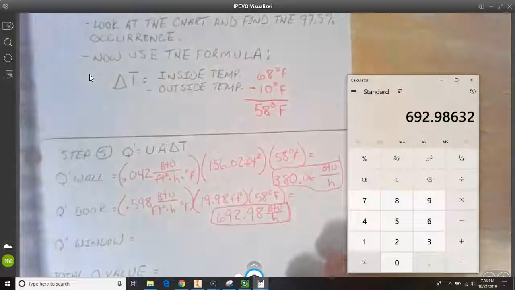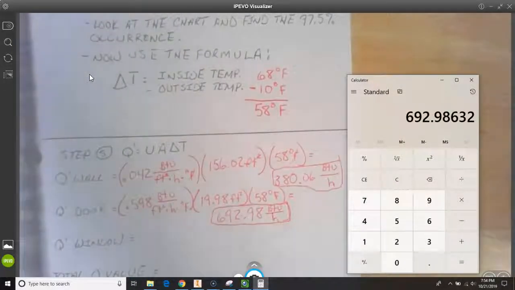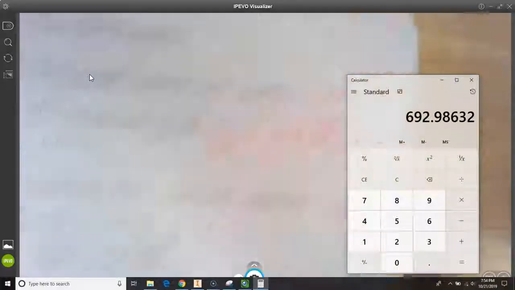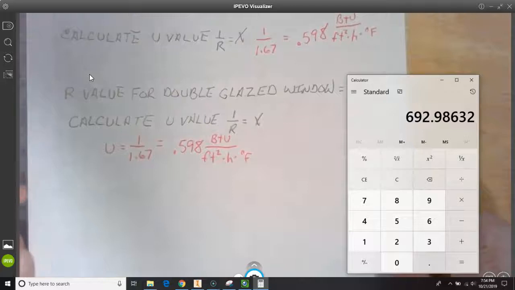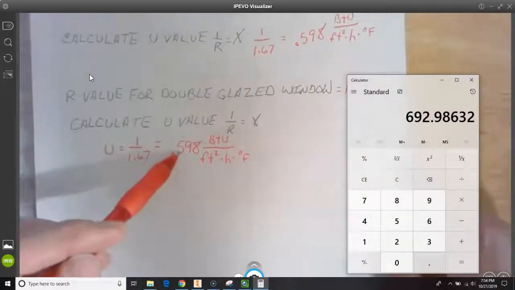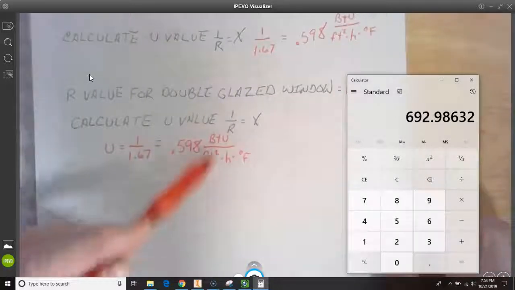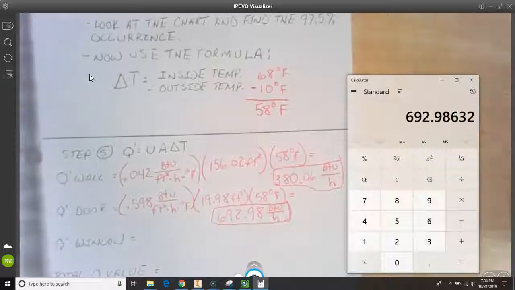Q for the window. All right. So Q for the window is right here. And our U value for the window, I should say, is 0.598. Again, BTUs over feet squared times hours times degrees Fahrenheit.